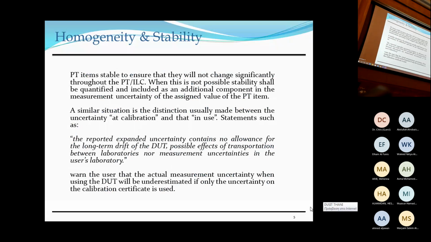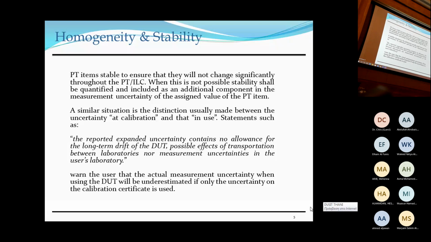So this is kind of a similar distinction which is made between the uncertainty at calibration and that in use. Okay, so I don't know if you're aware of it, but in general, there are two types of uncertainties. There is the uncertainty which is included on a calibration certificate, and that is usually termed the uncertainty at calibration.